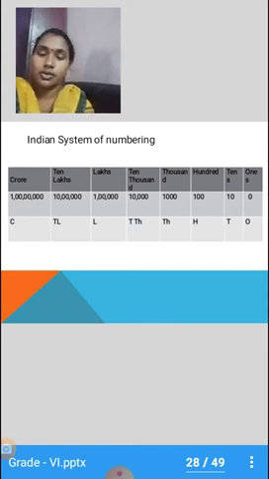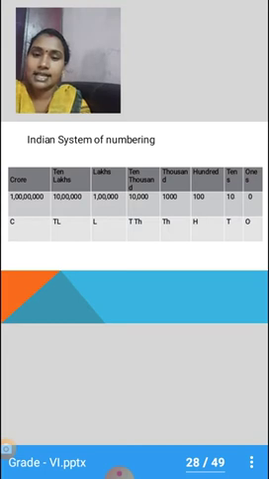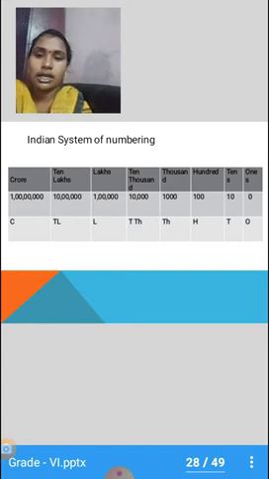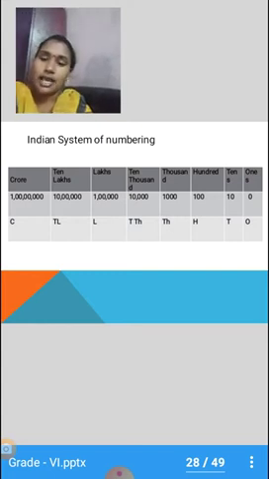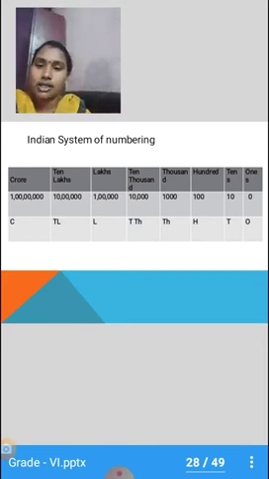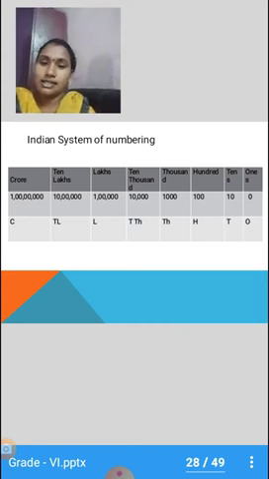Next we go on to lakhs and 10 lakhs. So after 10 lakhs we have a period and we do put a comma. So next is the crore followed by 10 crore. So after 10 crores we do put a comma. So this is the normal mode of Indian system of numbering.